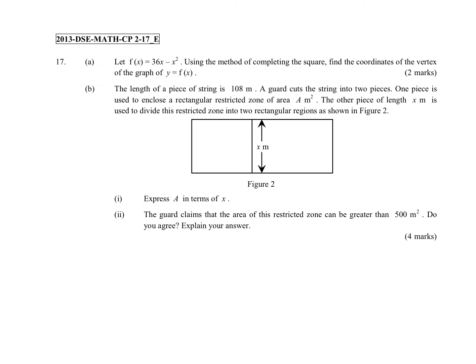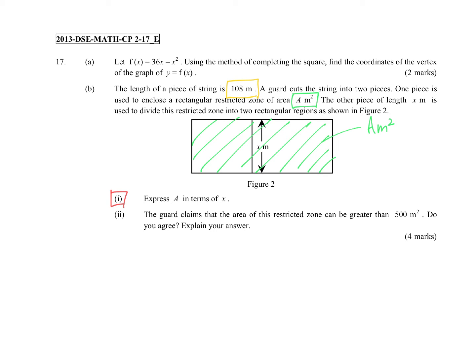And that's part A. Now part B, we are looking at B1. The length of a string is 108 meters. It is cut into 2 pieces. One piece is used to enclose a rectangular restricted zone of A meter squared. And the other part is used to divide the restricted zone into 2 rectangular regions as shown in figure 2.